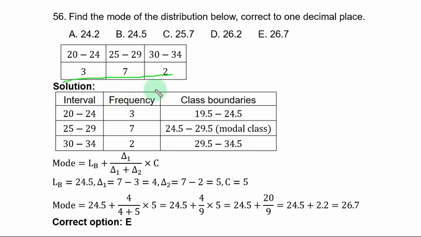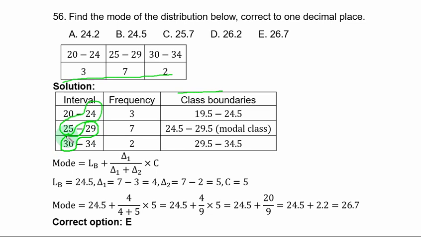For us to get the mode, because we have grouped data, you need to get the class boundaries. To get the class boundaries, you need to get the boundary value, and boundary value is the difference in adjacent size divided by 2. You can take 25 minus 24 or 30 minus 29.